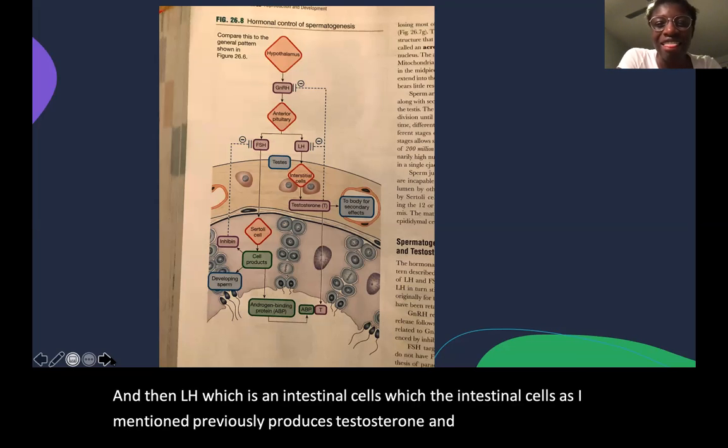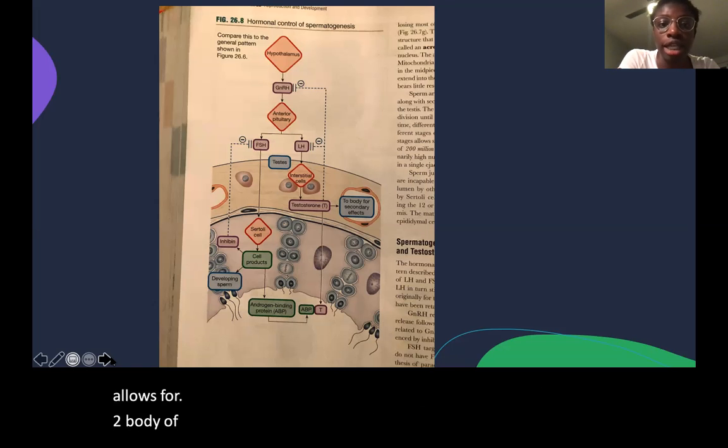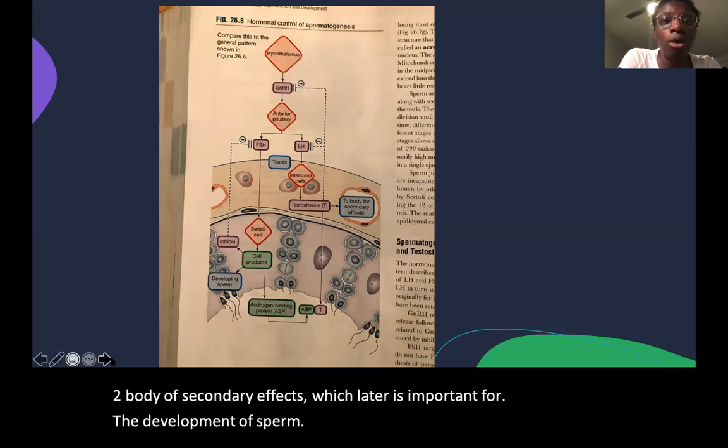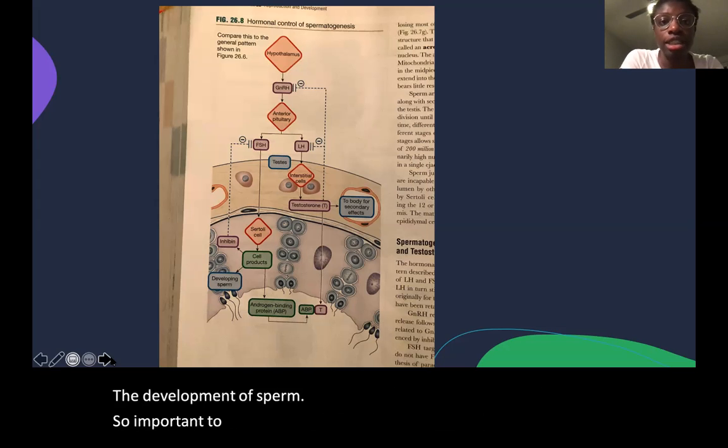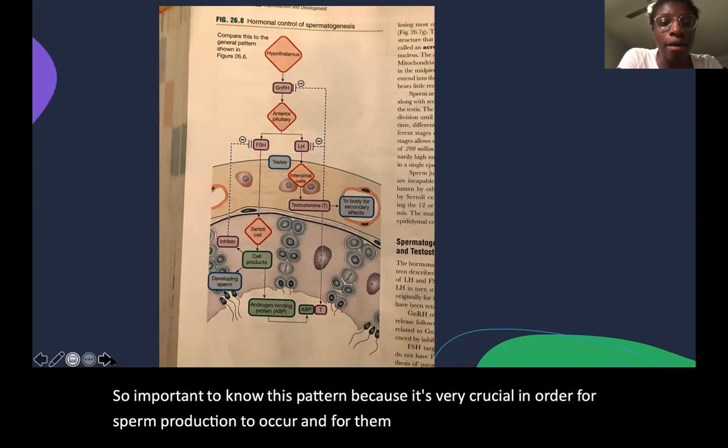Testosterone then allows for secondary effects, which are important for the development of sperm. So it's important to know this pattern because it's very crucial in order for sperm production to occur and for the sperm to mature.